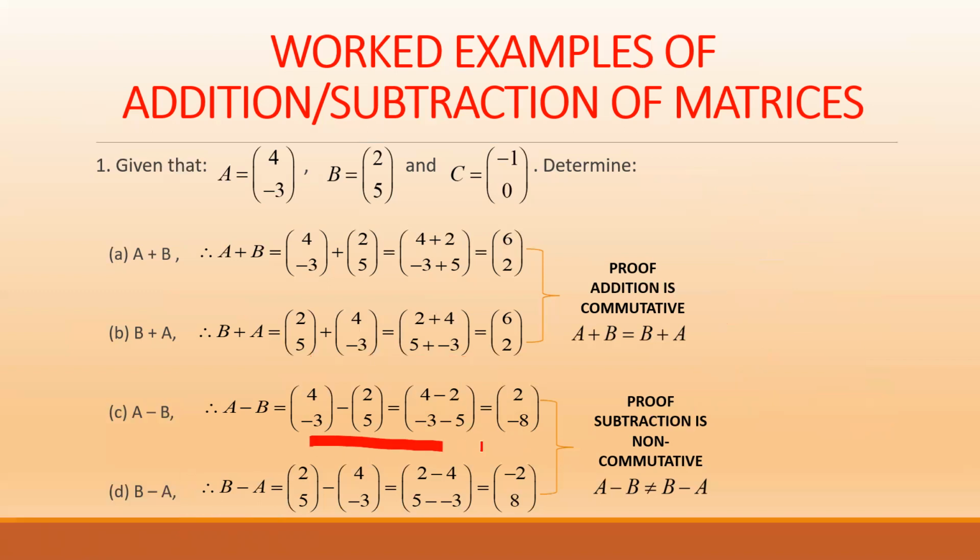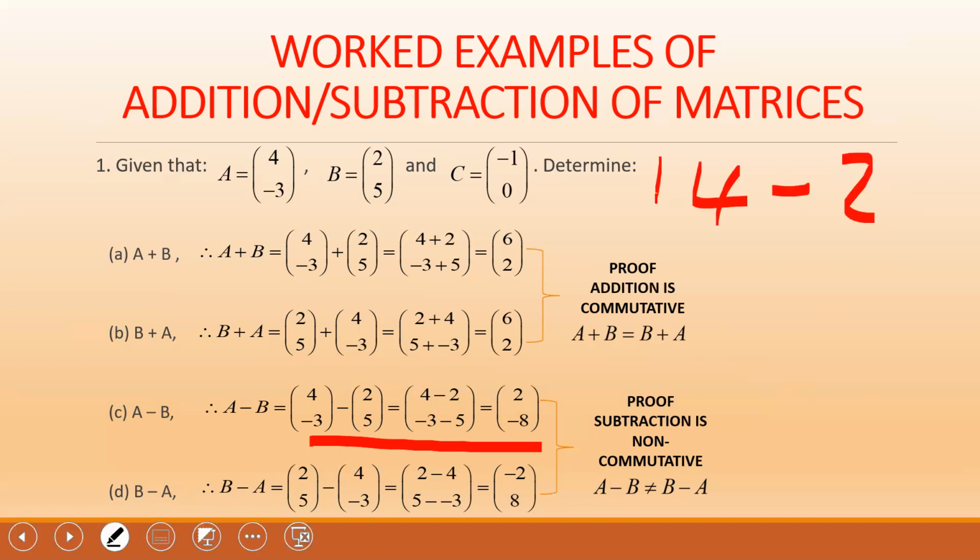So remember we're here, guys. Okay, so let us do the top operation. So it is 4 take 2. So remember, guys, the 4 is a positive 4. So once you see a plus and a minus sign when you're adding and subtracting, guys, no multiplication sign is here, no division sign is here. So do not mix this up, guys, with multiplication and division. We're talking about addition and subtraction.